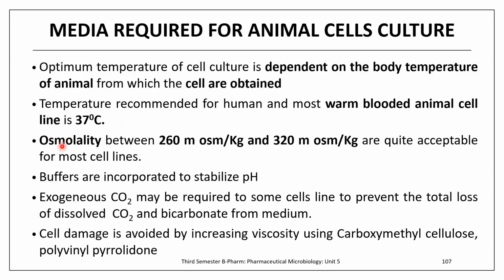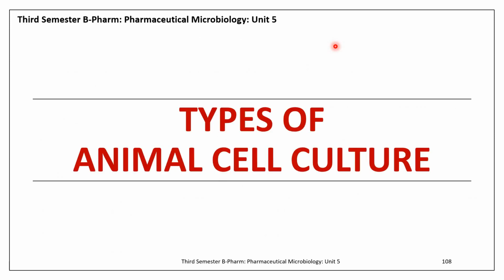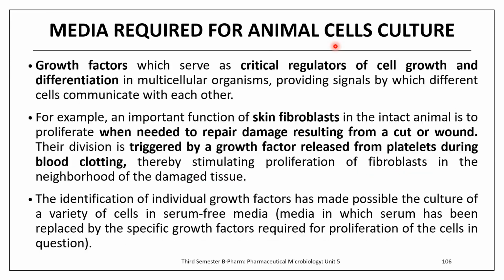And we have to keep the osmolality between 260 to 320 milliosmolar per kg, and we may have to use some kind of buffer to stabilize the pH, and also we have to add some exogenous carbon dioxide, and we have to increase the viscosity by using carboxymethyl cellulose as well as polyvinyl pyrrolidone. So these are some environmental conditions which are required for animal cell culture. So this is all about an introduction and the different media used for animal cell culture.